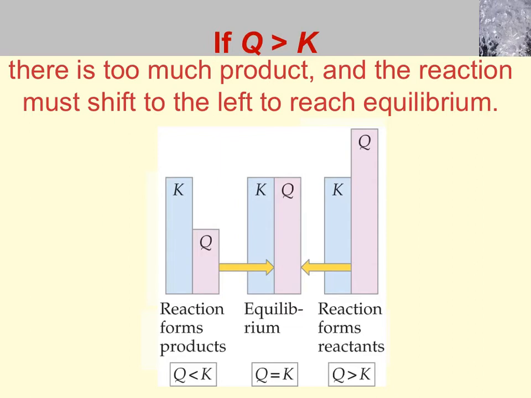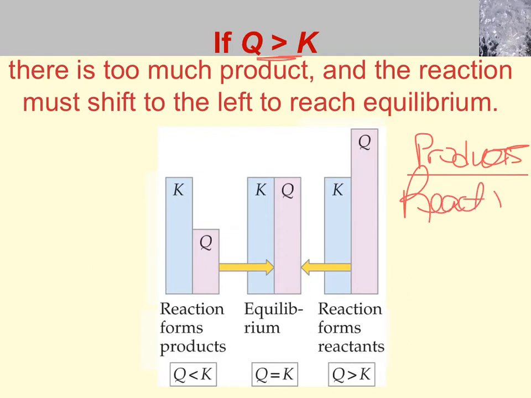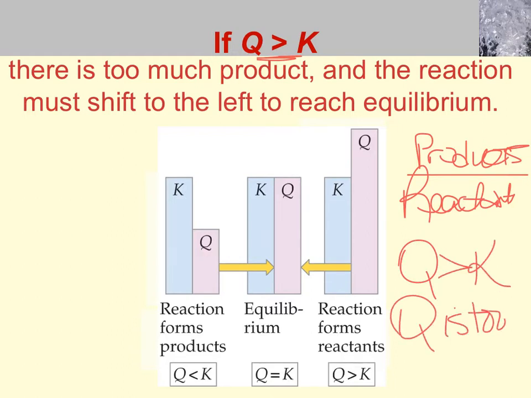All right, if Q is greater than K, let's think about what that means. The mathematical formula for Q and K, both products over reactants, right? So if Q is greater than K, another way of saying that is if Q is too large, what does that mean?